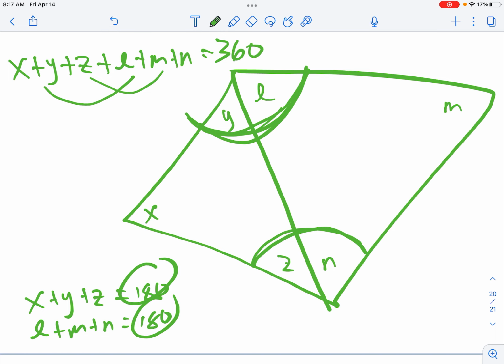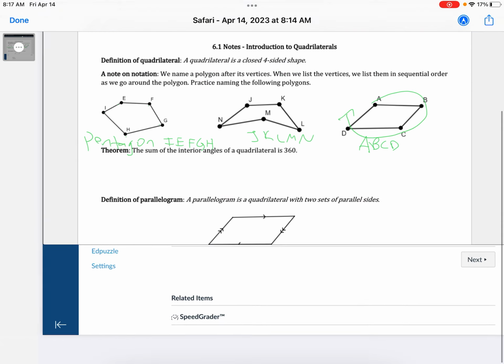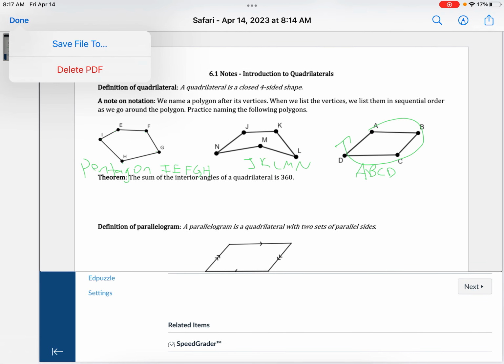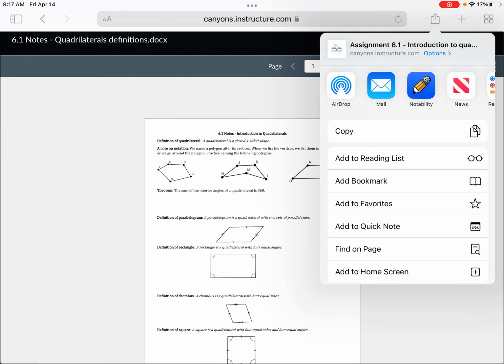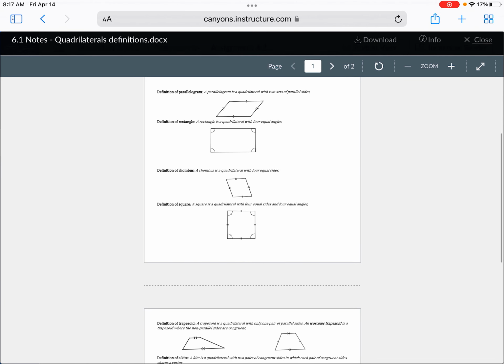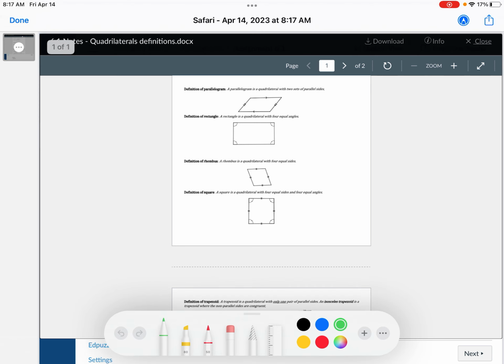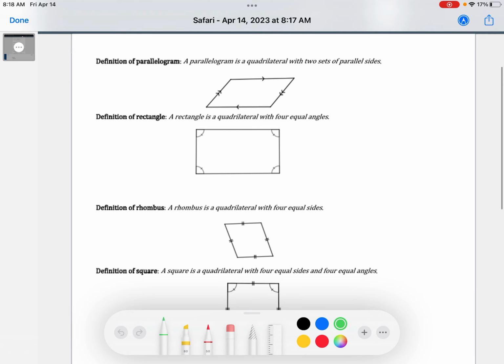Okay, so let's go back into our notes. And right now we're going to talk about the definitions of a bunch of different figures. And these definitions are going to be super useful going forward. Let's mark this up. Okay, so the first definition we have is the definition of a parallelogram.